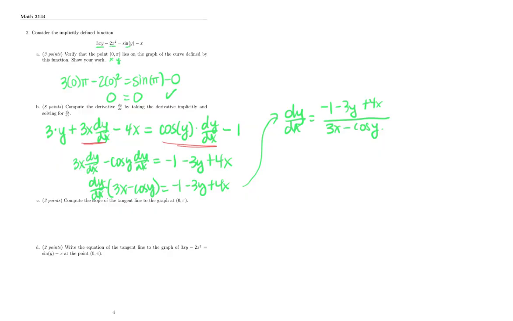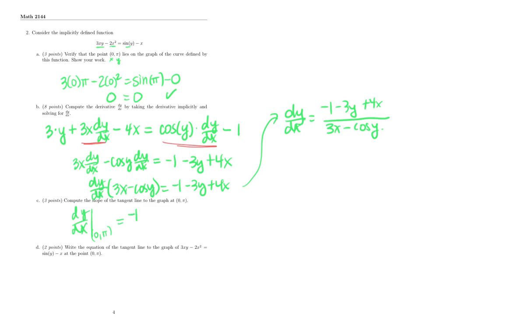Then it says compute the slope of the tangent line to the graph at (0, pi). So I want to compute dy/dx evaluated at the point (0, pi). I'm going to plug in 0 for x and pi for y.